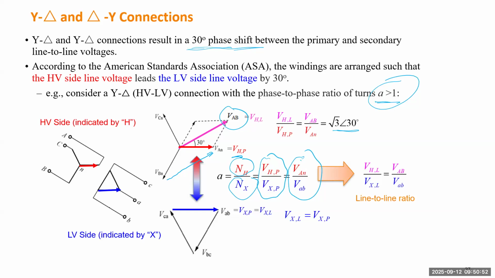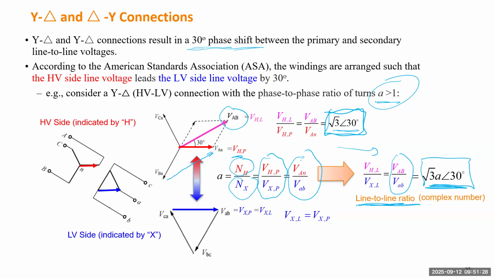Okay, so we just plug in the voltage on the high voltage and low voltage side, so we can easily prove if we compare the line-to-line ratio, that will be capital VAB divided by lowercase Vab. Okay, so if you plug in the formula, you will get the ratio will be the original ratio A multiplied by this phase shift, and also a factor of 1.73.